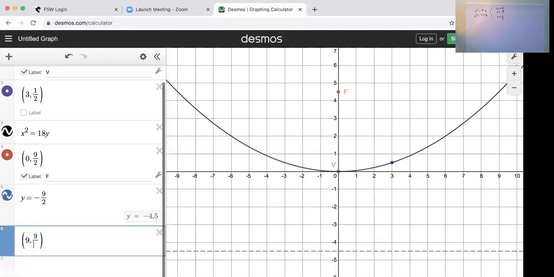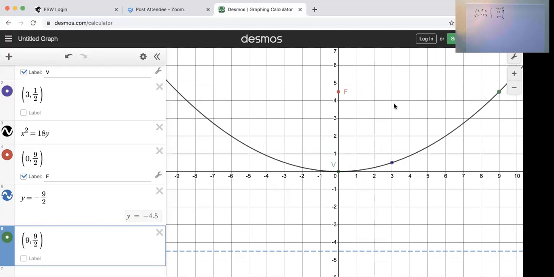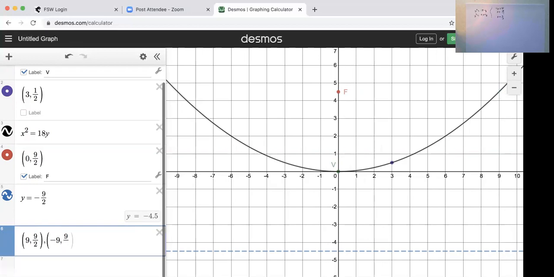We see that. So that is 9 units from the focus and 9 units, 4.5 and 4.5, from the directrix. The same thing at (-9, 9/2). So a couple points on that parabola. If you connect those, that creates what we call the latus rectum.